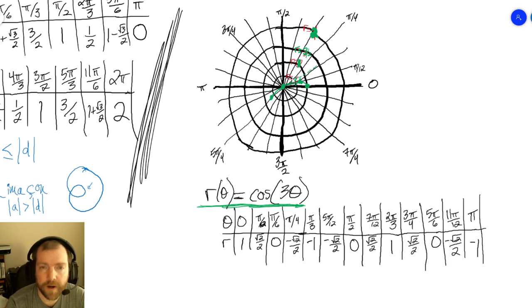And then at pi over 3, we're going to get a negative 1. At 5 pi over 12, we get a negative 0.707 again, so we're here. And then by the time we reach pi over 2, we need to be back to 0.